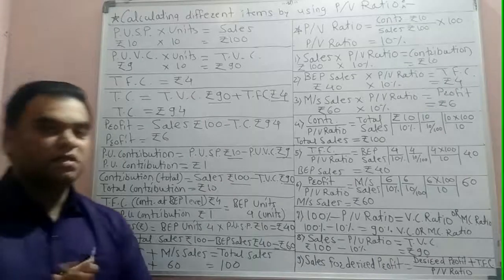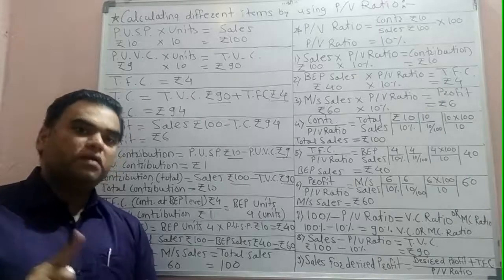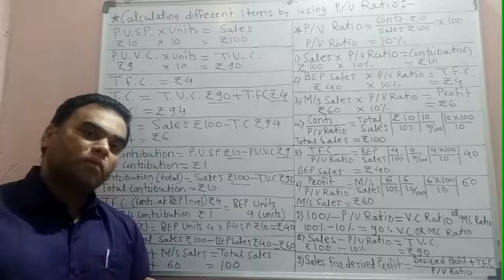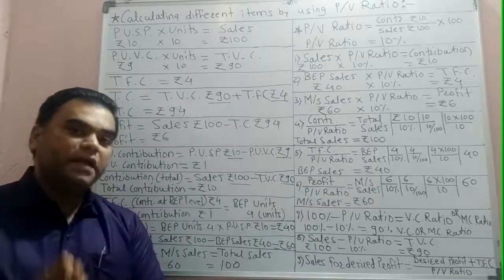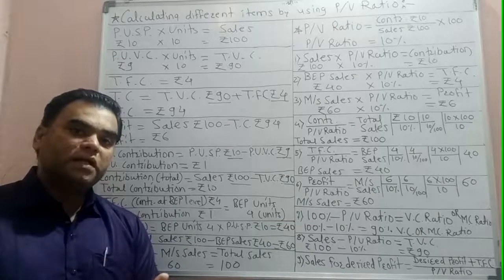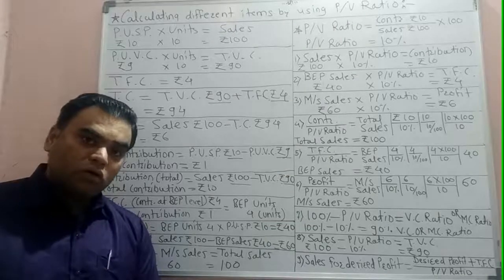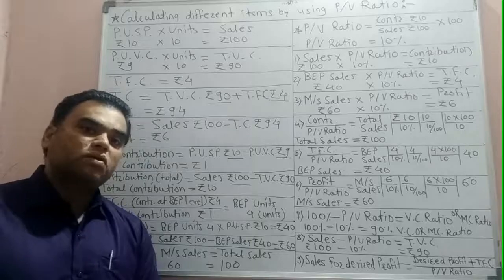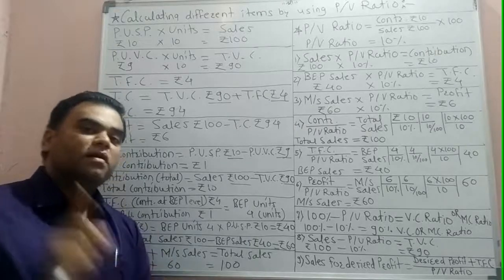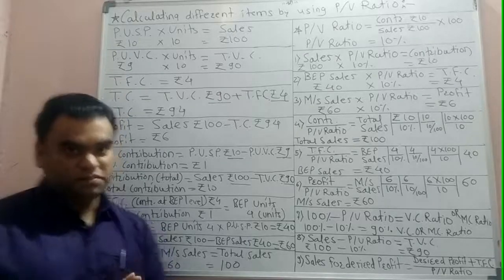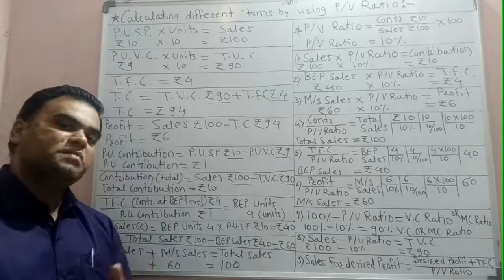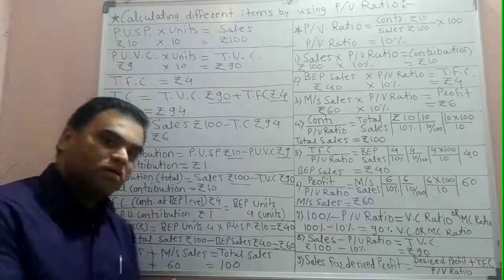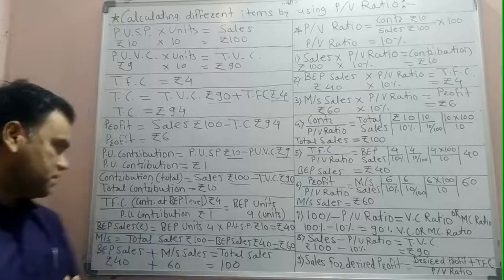BEP stage means the stage when total cost and total sales are exactly equal. And when it happens, when company's total contribution and total fixed cost becomes exactly equal, then BEP stage comes.